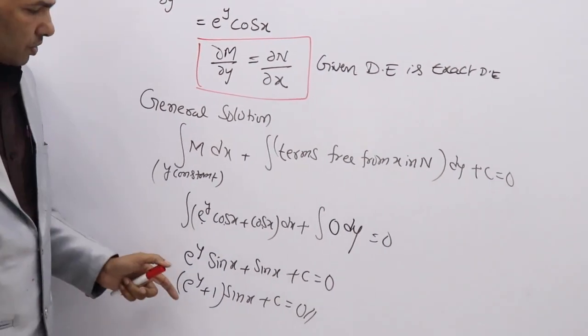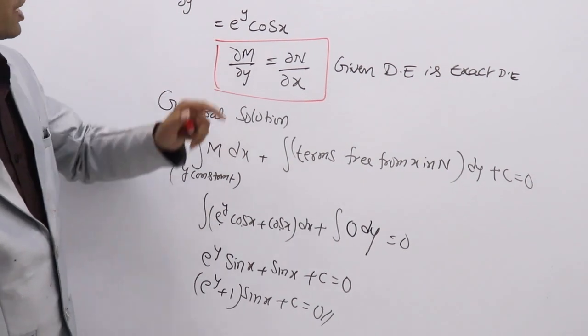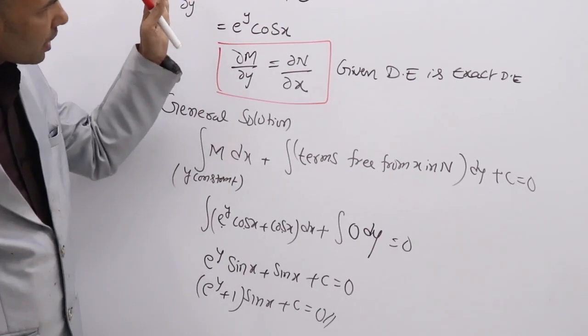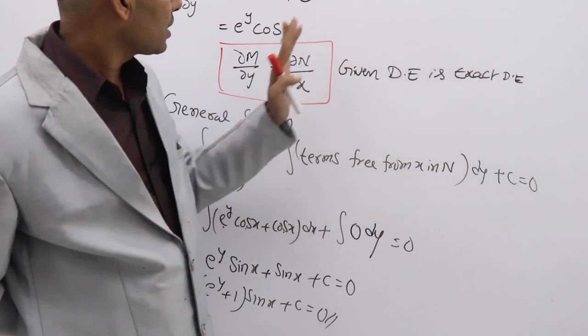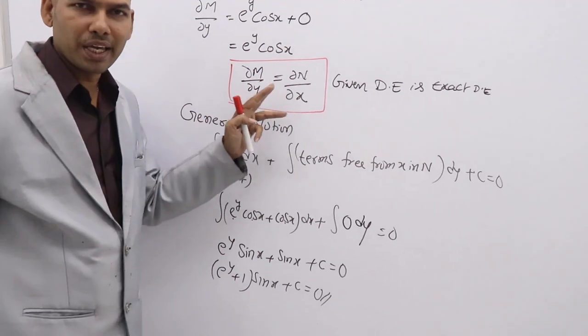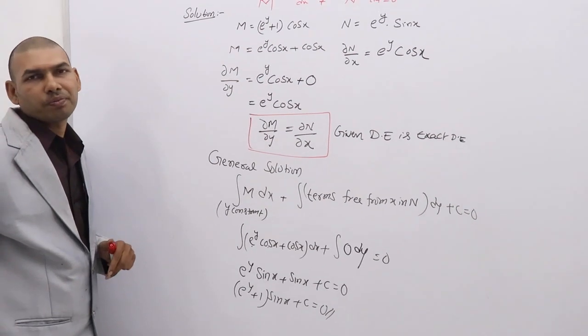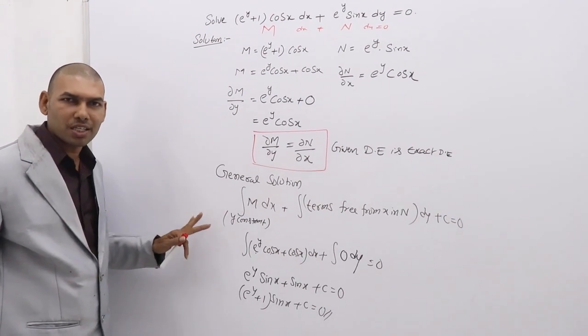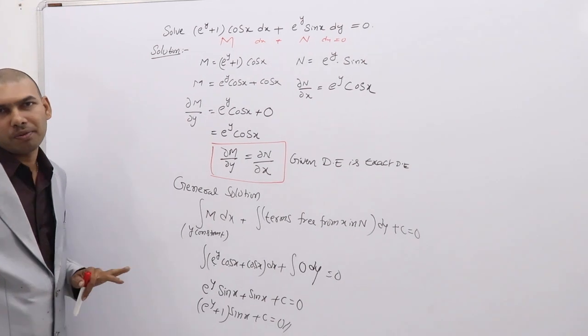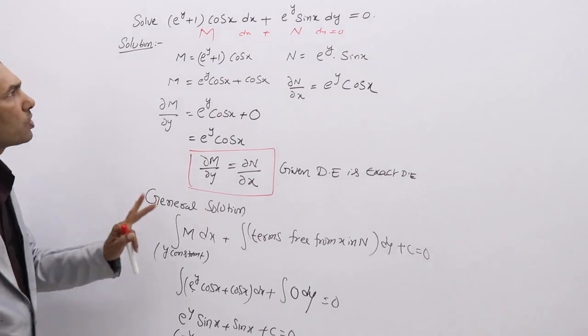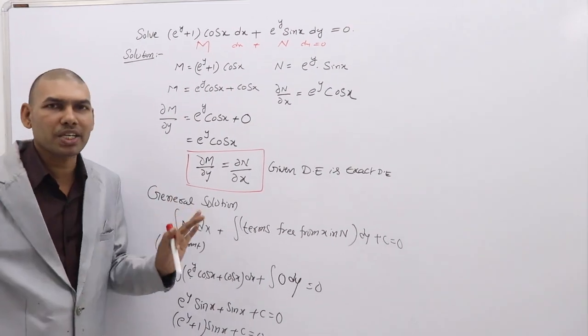Okay, so this is the answer for the given exact differential equation. Simply write M and N, check whether dou M by dou y equals dou N by dou x or not, then write the general solution. Very important for short answers in the external exam. We can expect 1% definitely from exact.